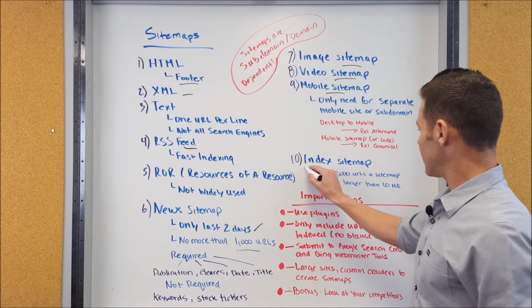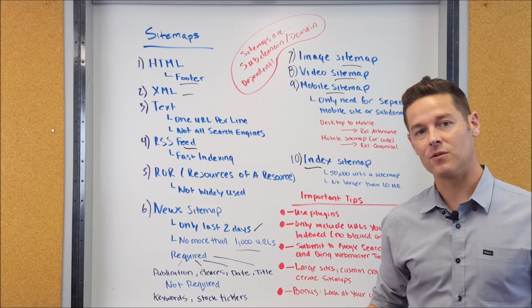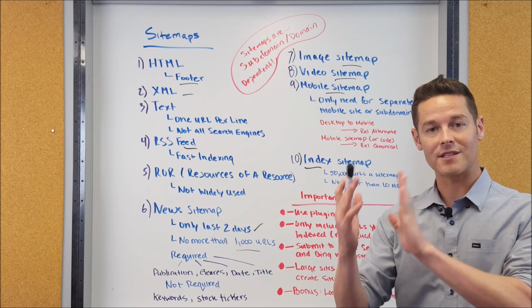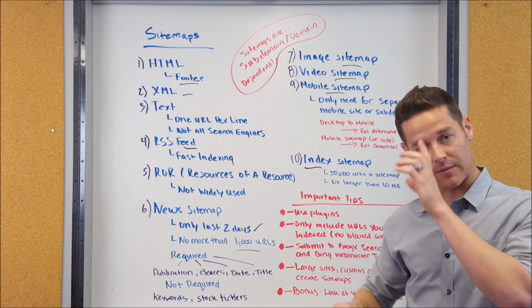And then the final one I have here is the index sitemap. If you have over 50,000 URLs, you're going to create multiple sitemaps. If you have multiple sitemaps, you're going to want to list them in an index sitemap, right? An index of all of the sitemaps that you have.